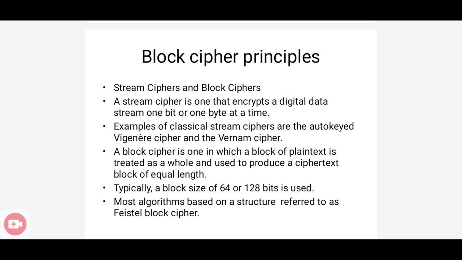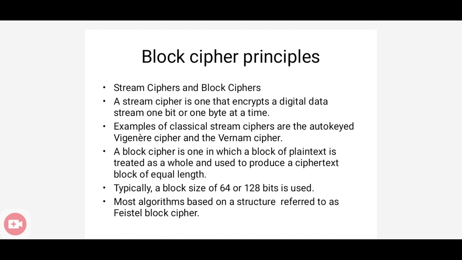So there are two basic block ciphering methods: stream cipher and block cipher. Stream cipher means bit by bit or byte by byte encryption, 8 bits at a time.